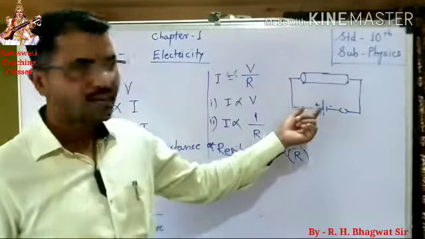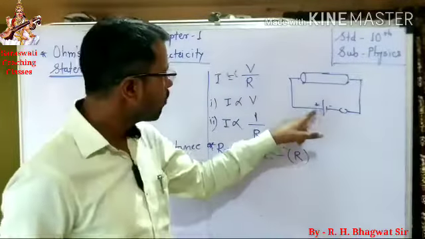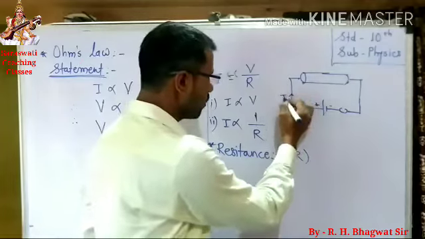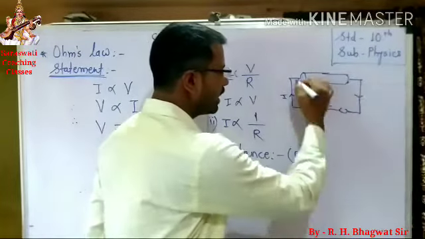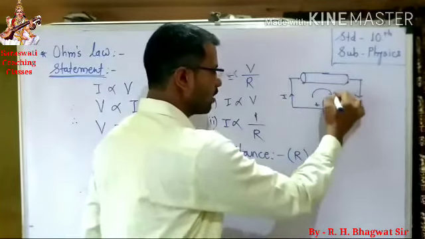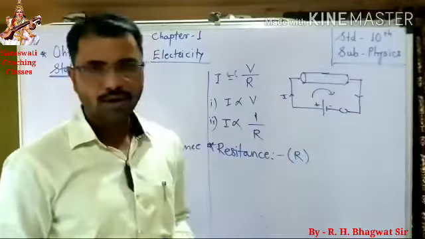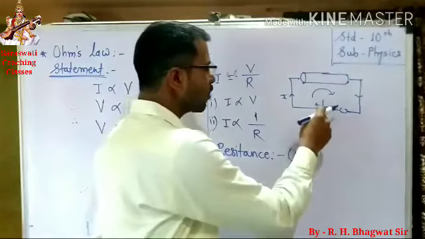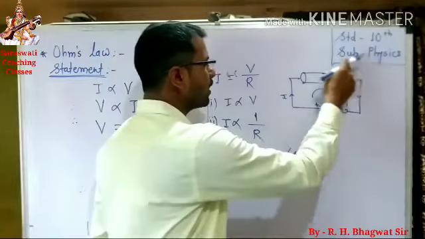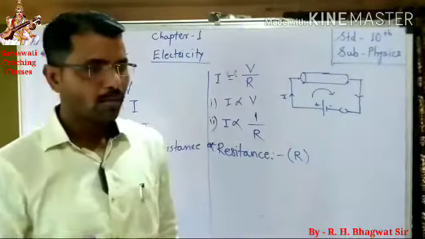In that case, we say that current flows from the positive terminal to the negative terminal of the battery, whereas the direction of electron flow is from the negative terminal to the positive terminal.